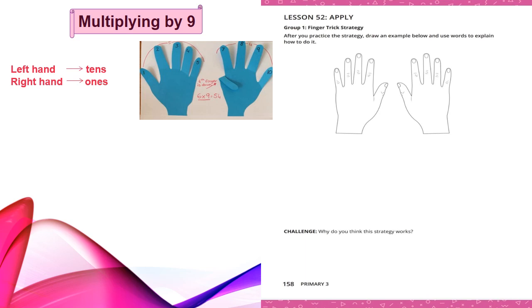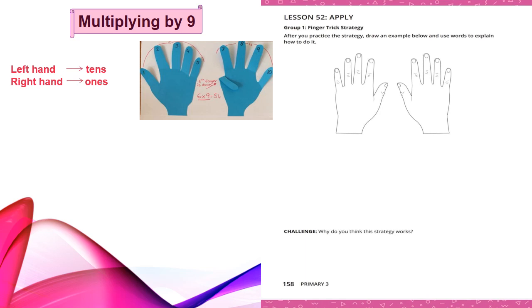So, the fingers on the left side, put them in tens home. 5 in tens. And the fingers on the right side, 4 in ones. Again, left hand means tens, so 5 on the left side means 5 in tens, and 4 on the right side means 4 in ones.